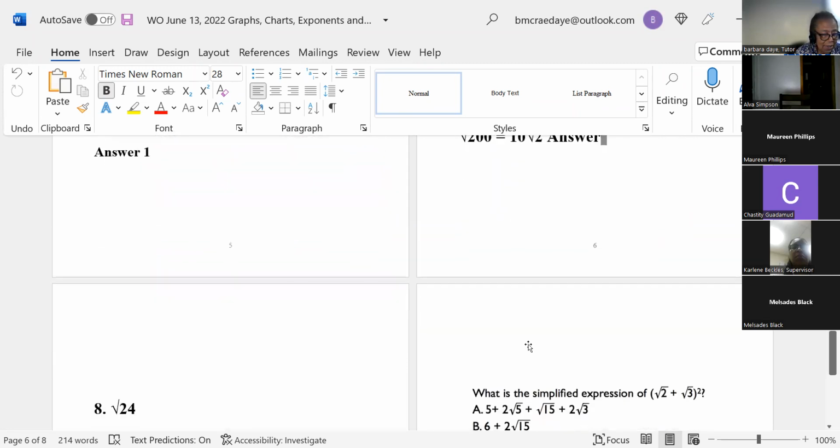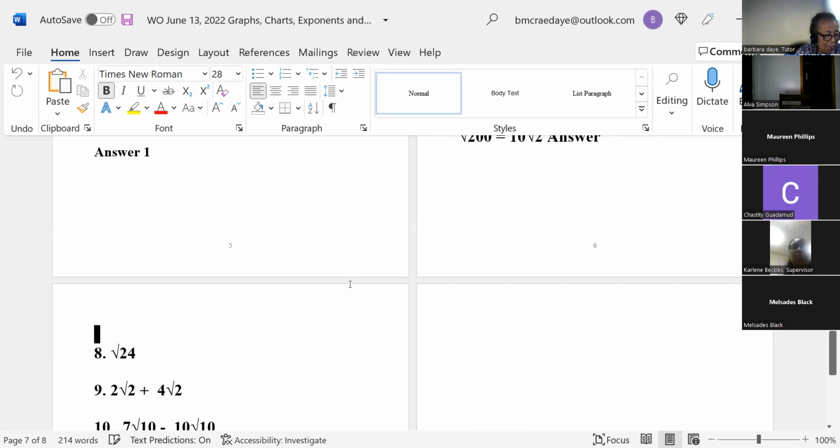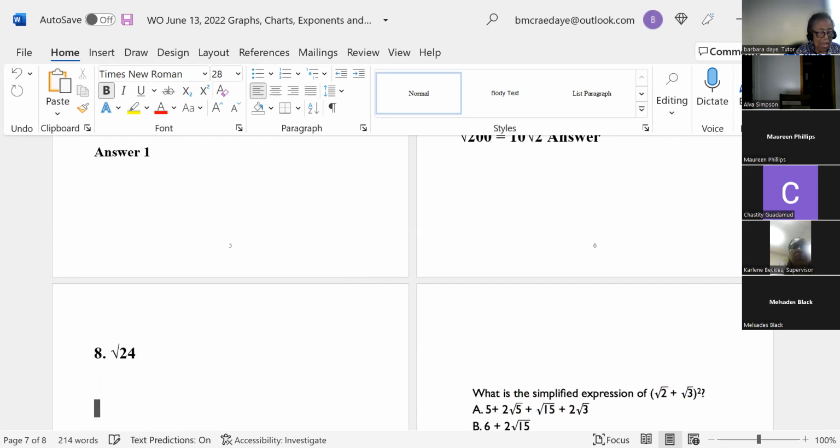All right, now let's go to number 8. Square root of 24. Think of factors of 24. Factors, you've got to give me 2 numbers, Chastity. Factors mean 2 numbers multiplied to give the number.